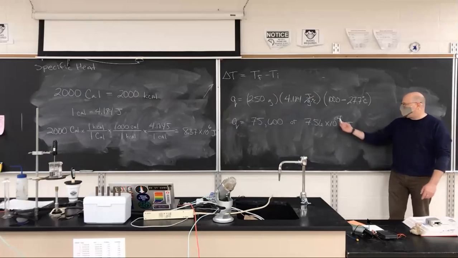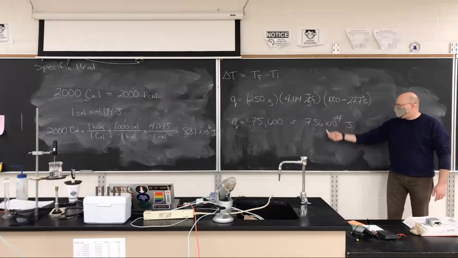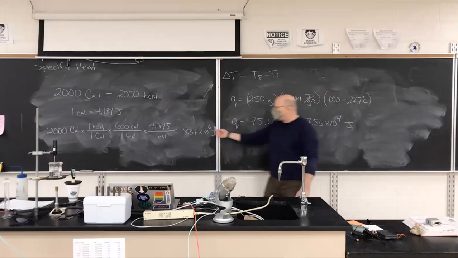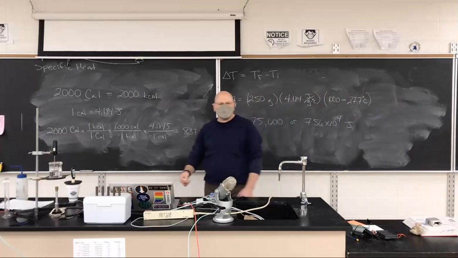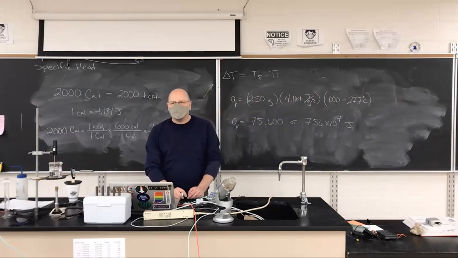Now let's just look at this part. 10 to the 4th versus 10 to the 6th. What's the difference between those? So we say 10 to the 2nd, which is how much? 100.